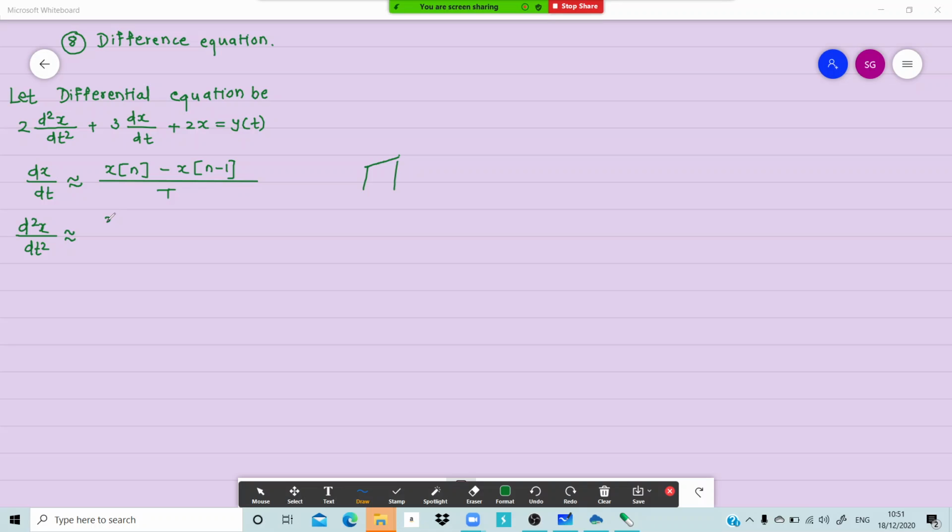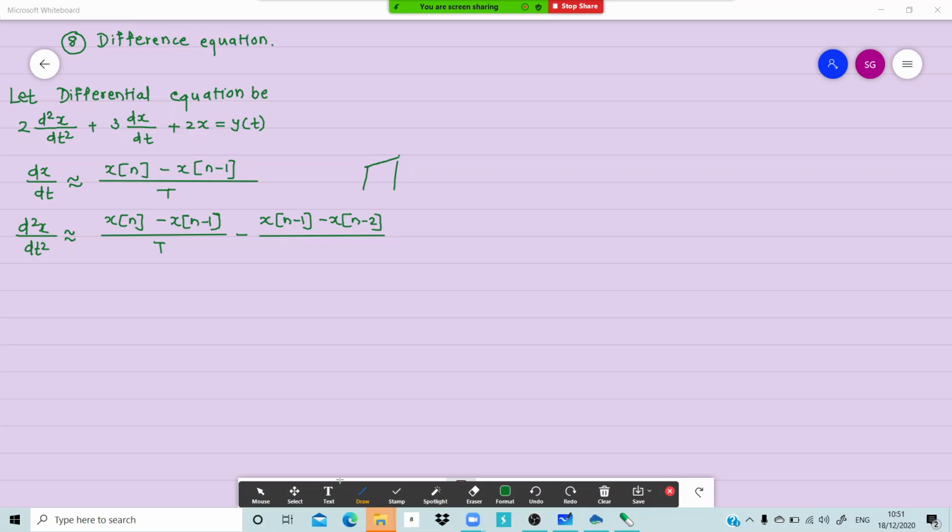Now derivative of this again, right? So how I can write: xn minus xn minus 1 upon t, minus the next instance difference that you are having, that means x n minus 1 minus x n minus 2 upon t.